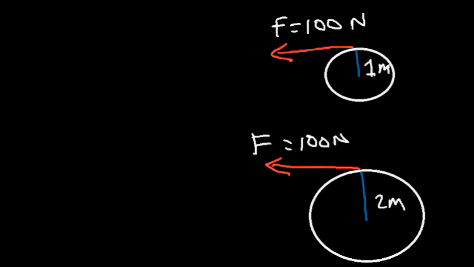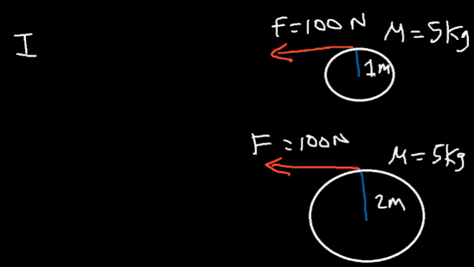Now let's say the mass of the disk is the same. For the first disk the mass is 5, and for the second, it's also 5. Because the size is different, the way the mass is distributed is different as well. So even though the mass is the same, the inertia of these two objects is not the same.